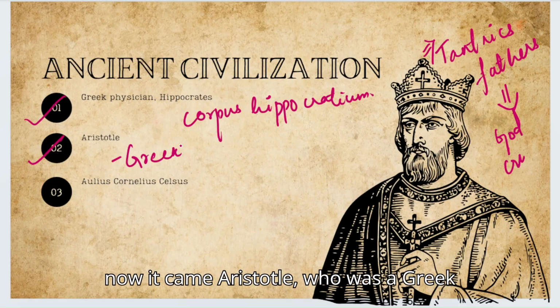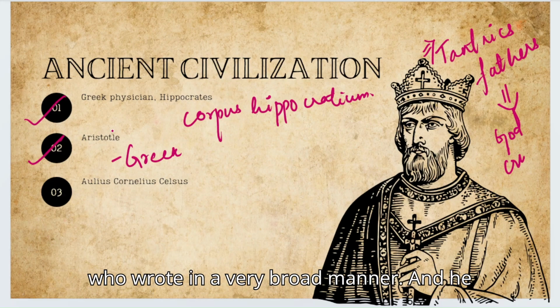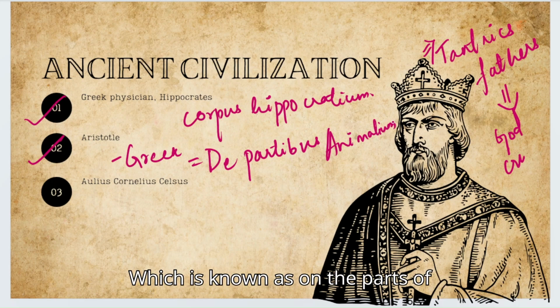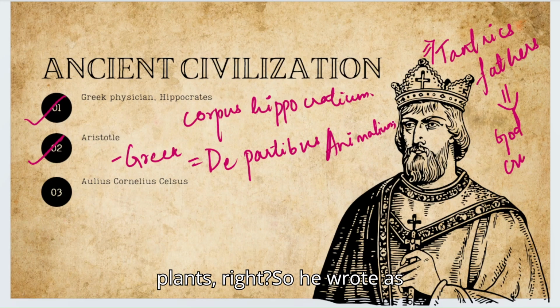Aristotle was the first writer who wrote in a very broad manner, and his text was known as De Partibus Animalium, which is known as On the Parts of Animals, because we are also a part of animals, we obviously don't belong to plants, right? So he wrote De Partibus Animalium.